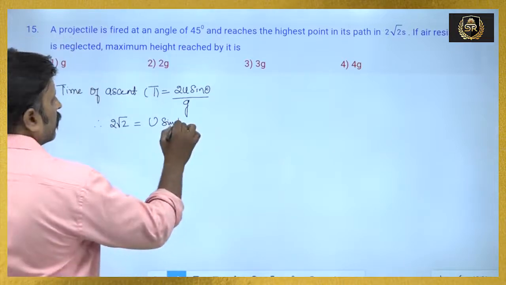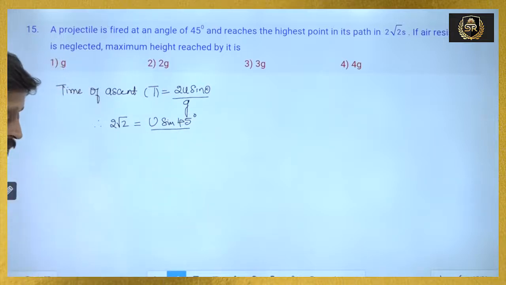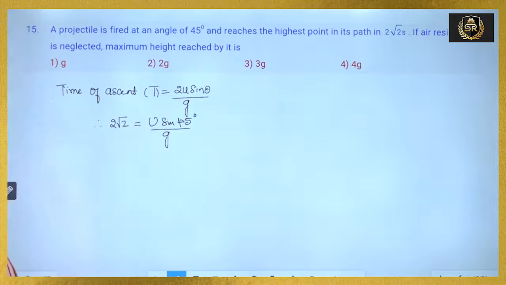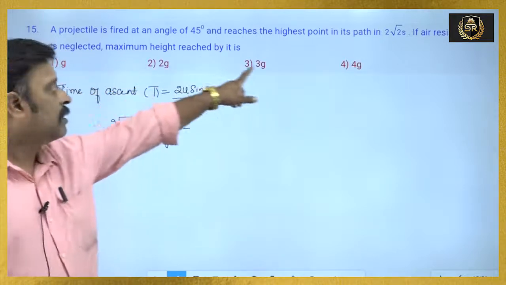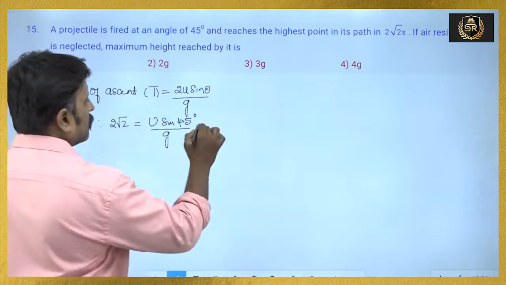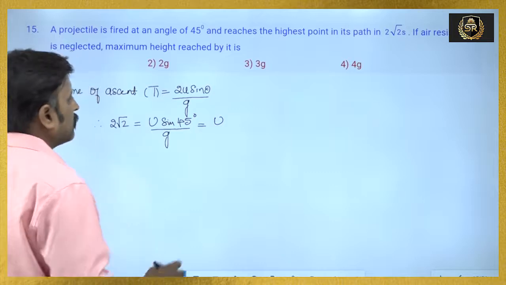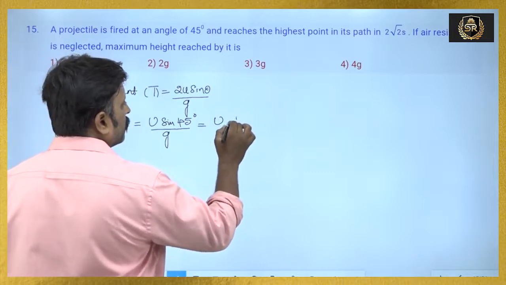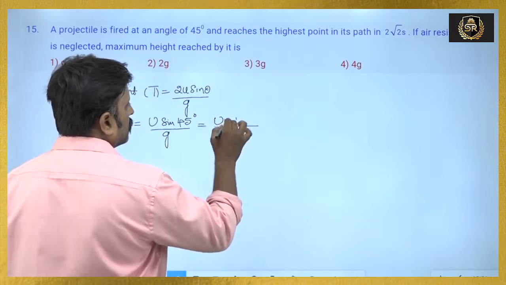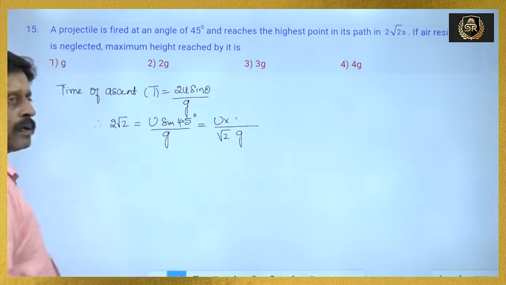Theta 45 degrees, by g. Don't substitute the value of g because the options are given in terms of g only. Don't substitute 9.8. So, u into, what is the value of sin 45? 1 by root 2. So, 1 by root 2 times g.